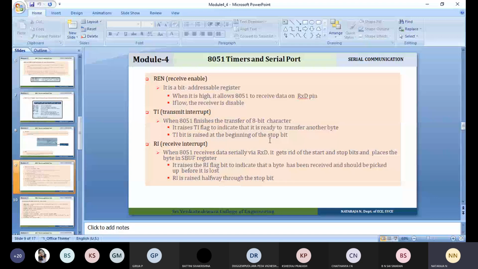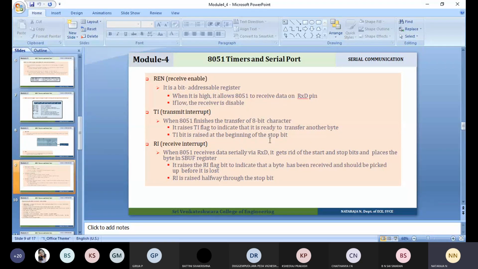For the 8051 to both transmit and receive data, receive enable must be set to 1, by making REN equal to 1. If I make REN equal to 0, the receiver is disabled and I am not going to receive any data. Only if I make it 1 will I receive the data.